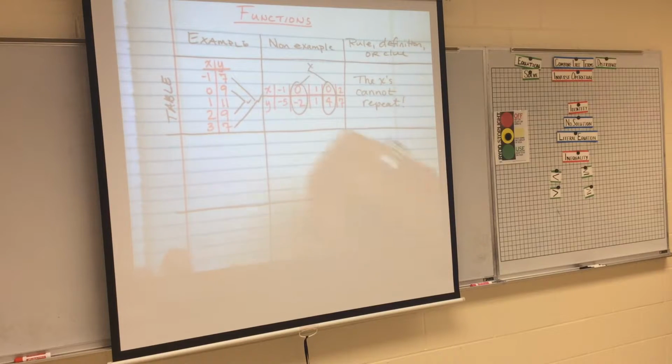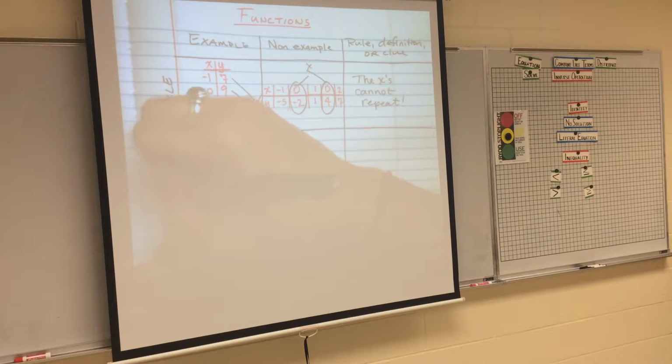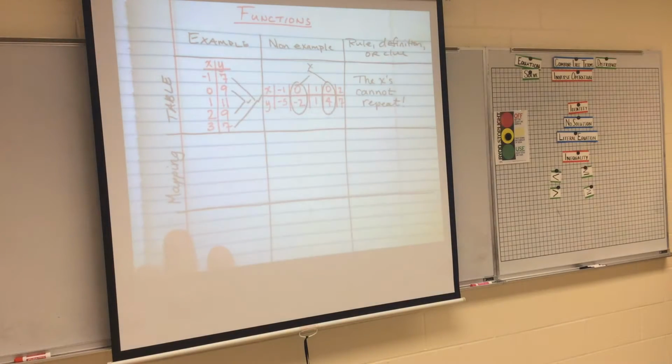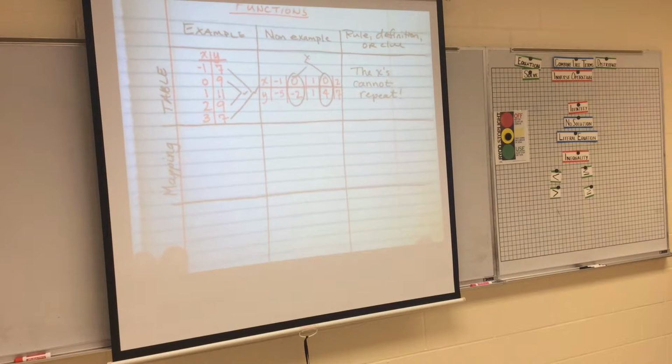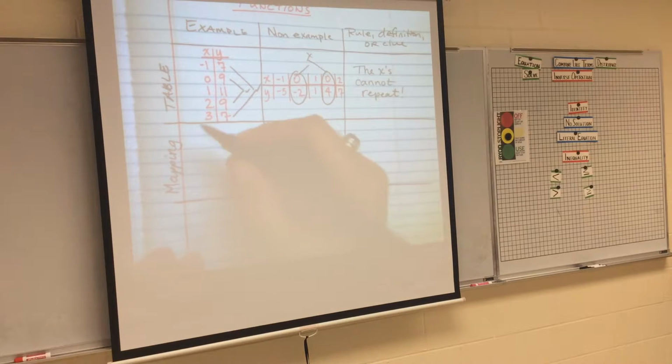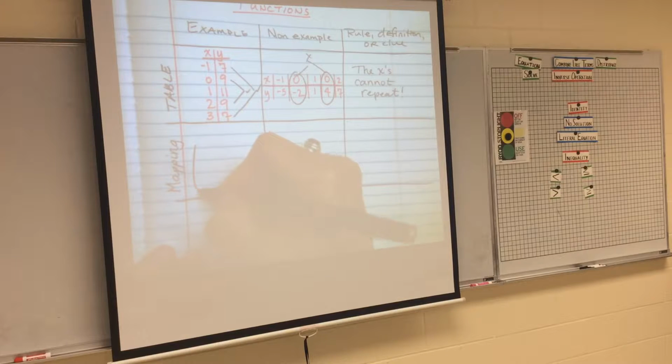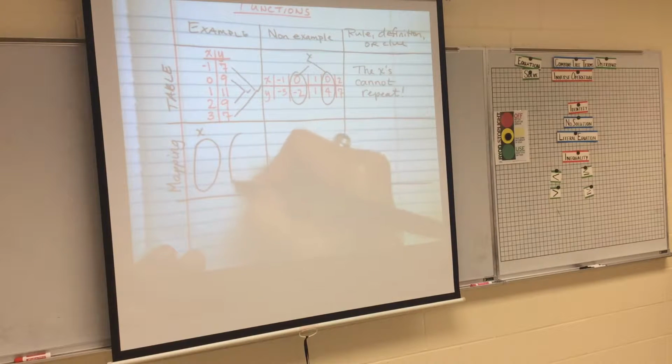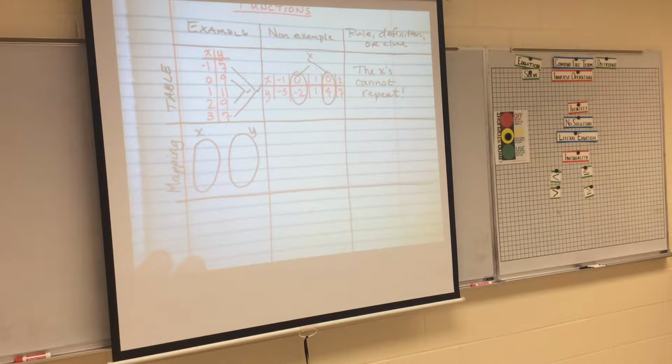All right, we're going to do this again, but this time with a mapping. All right, so first I'm going to have an example. Here are my x values. Here are my y values. I don't know why I made that circle so much bigger. Sorry. It happens. It's okay.